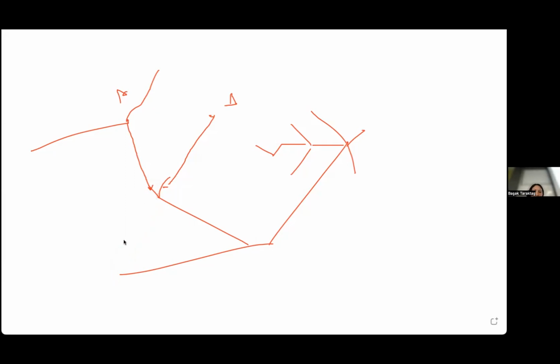Popularity here is the idea that, suppose you're this A, you're popular and receiving a lot of incoming ties on a directed network. So this is popularity.